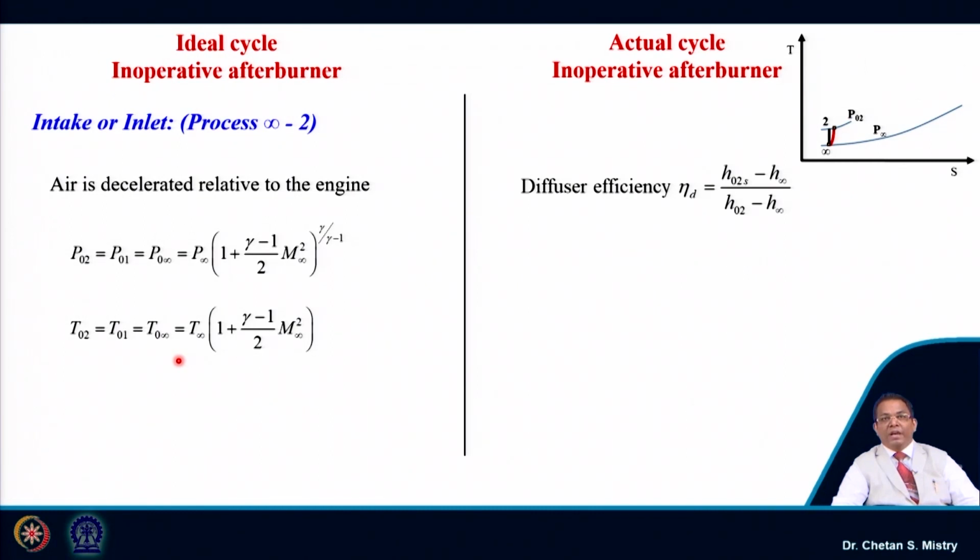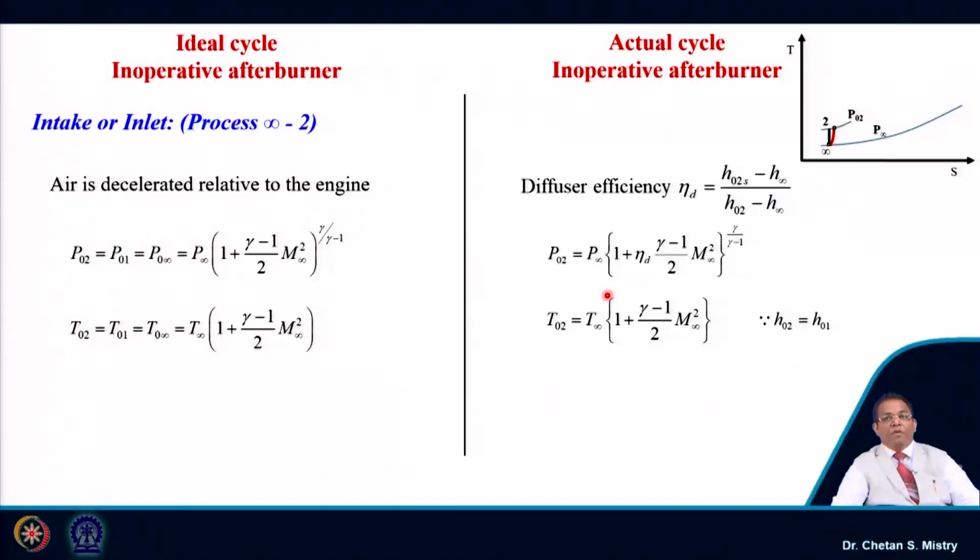My actual process is different, and that is differentiated by using the diffuser efficiency term, which is my isentropic enthalpy drop by actual enthalpy drop. By using this correlation, we can get the outlet pressure from my diffuser as a function of my diffuser efficiency.